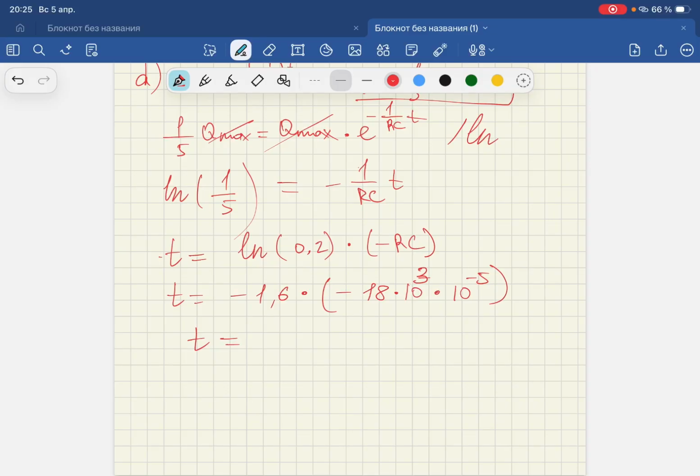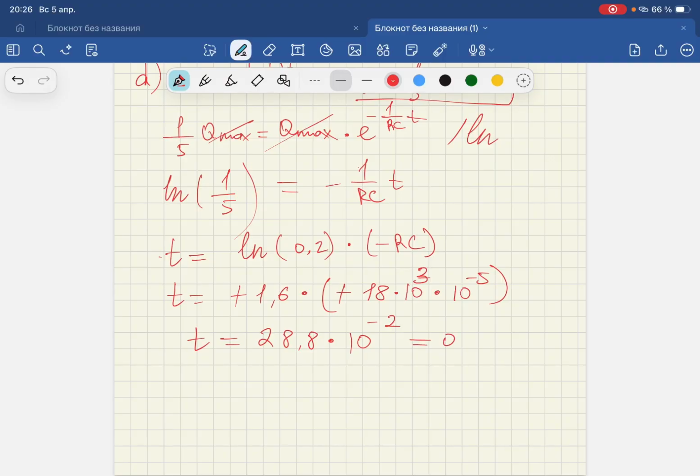1.6 times 18 gives us 28.8 times 10 to the power of minus 2. These two minuses will be plus.